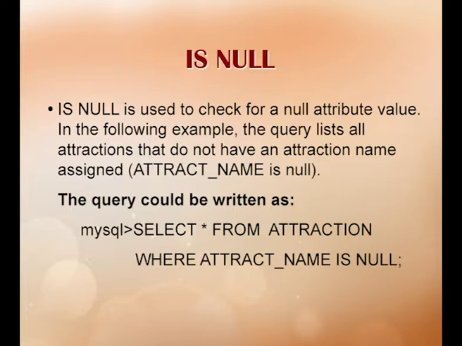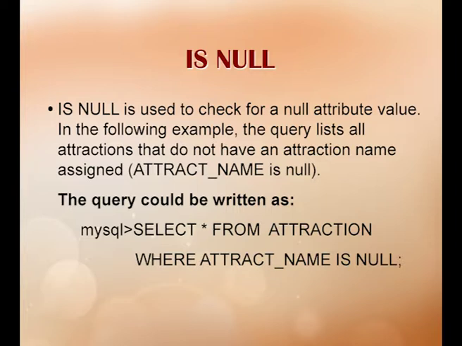Whether a value is null or not can be checked and then retrieved. The query lists all attractions that do not have an attraction name assigned. So wherever the attraction name is null, that needs to be displayed.